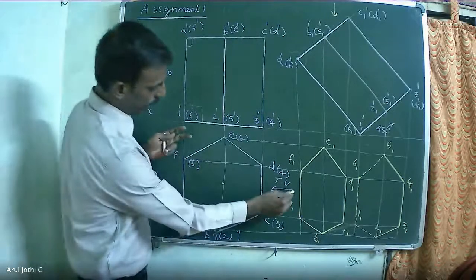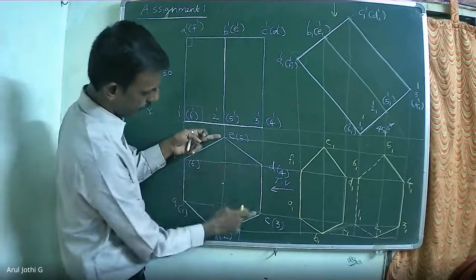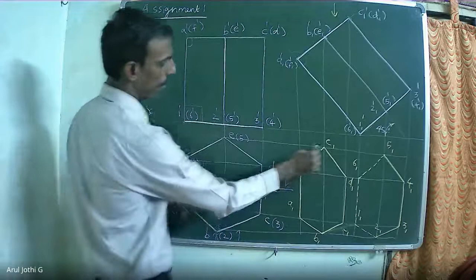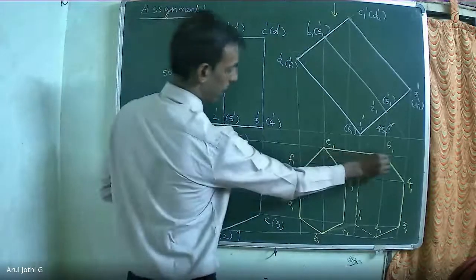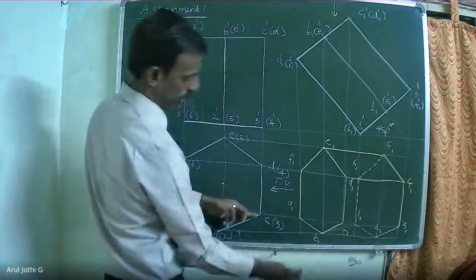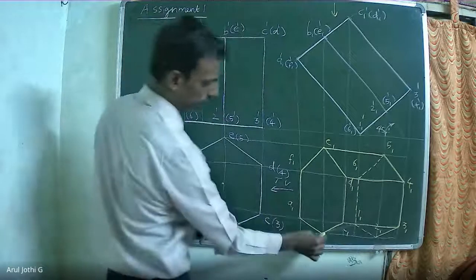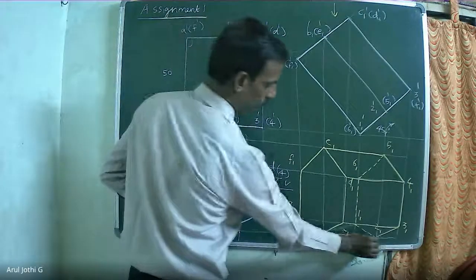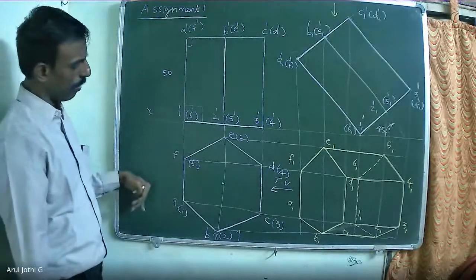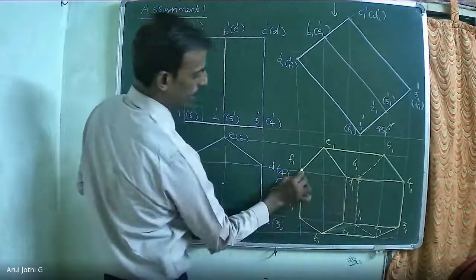Now once again, you are looking at the top in this direction. E5, D4, C3 and B2 are available at the front. That will be visible. So join E5, then D4, then C3, then B2. This F6 and A1 are available at the back side. 6 is available here, F is here.